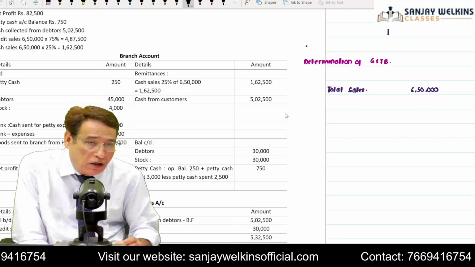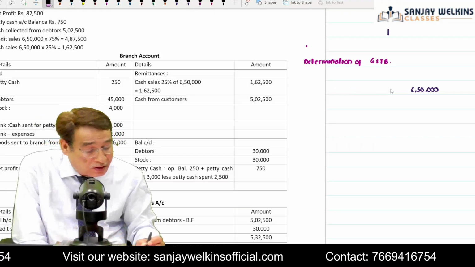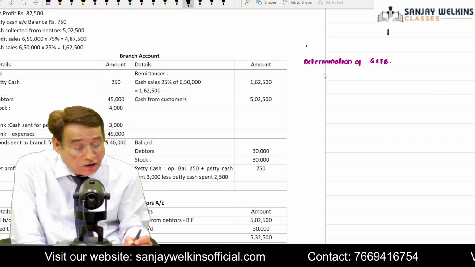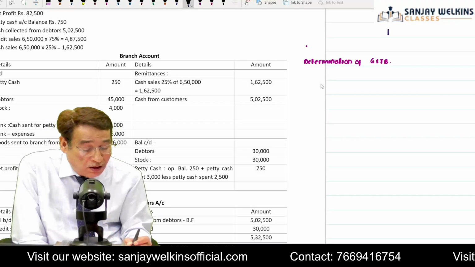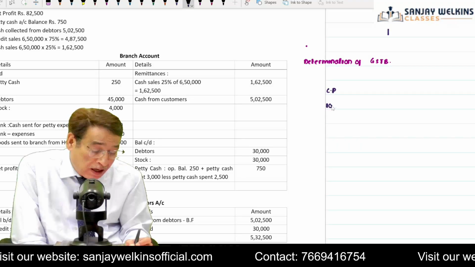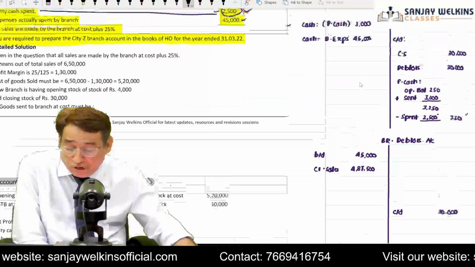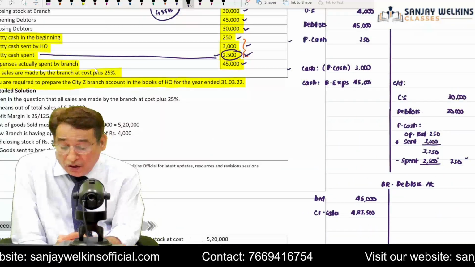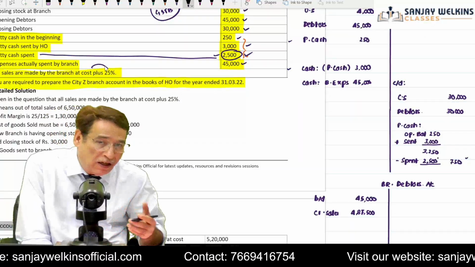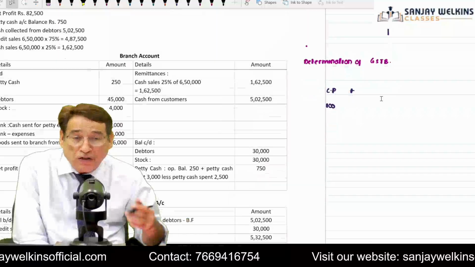Now, before that, let me just clarify the point with respect to what we call rates. In this case, your cost price is 100, and it is given to us that branch sells the goods at a margin of 25% on cost. Cost plus 25%, indirectly it means whatever is cost, by adding 25% to it, branch sells the goods.